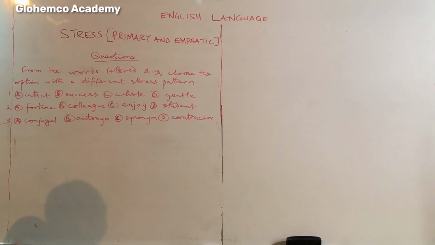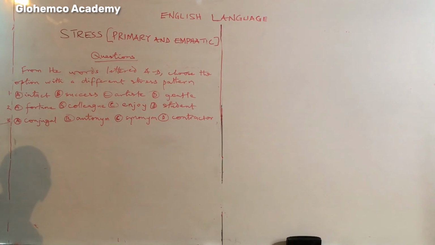As I've told you, meaning that 3 will sound alike, 1 will sound different. The one that sounds different is the correct answer. And the problem you will have is when you don't know how to pronounce these words, which is the major problem students face when it comes to things like this. But once you know how to pronounce, you will definitely know the one that sounds different.